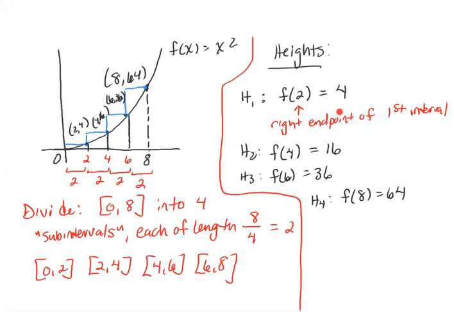Okay, so I have the bases of each rectangle. I have the heights of each rectangle. I can multiply the base by each height, add up all those areas, and find an estimate for the total area. So let's do that now.